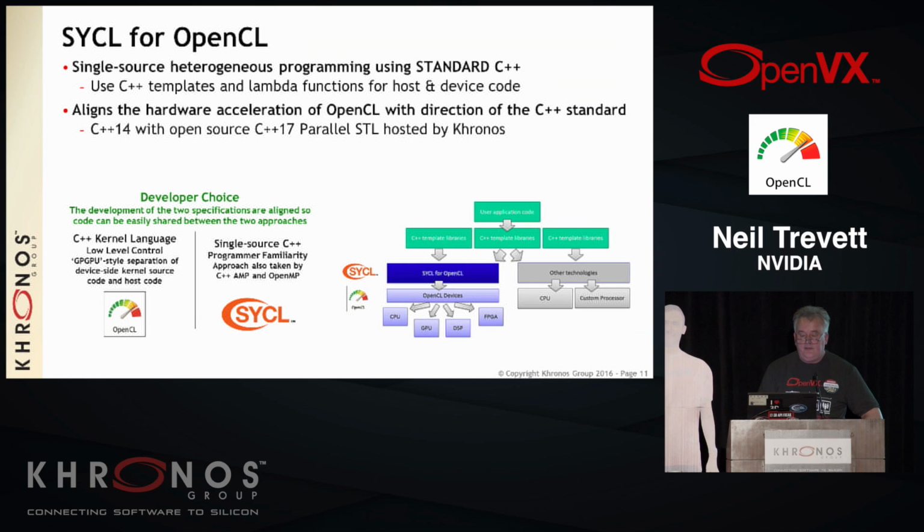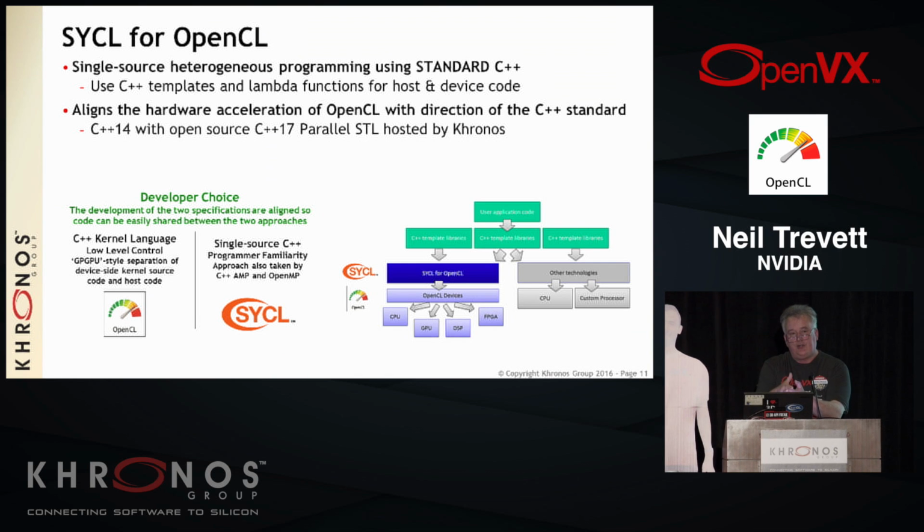So to me, SYCL is interesting because it's not just giving ease of programming in a single file using standard C++. It's the mechanism by which Khronos and the rest of the industry can align the direction on how we converge on C++ for parallel programming. And we're doing our best to make sure we're good citizens within the wider industry for that.